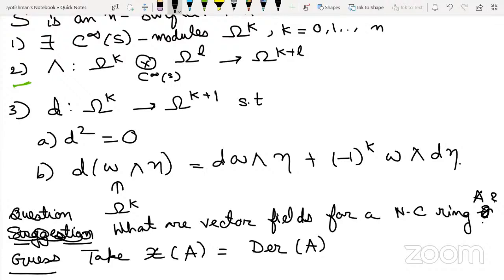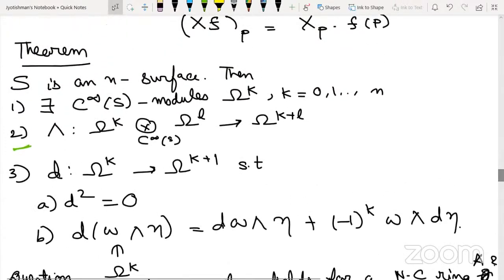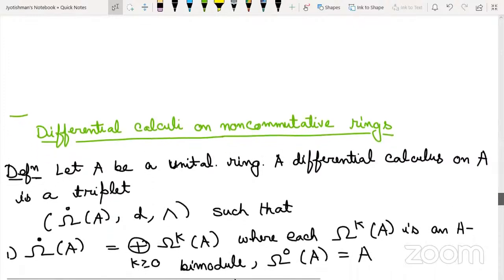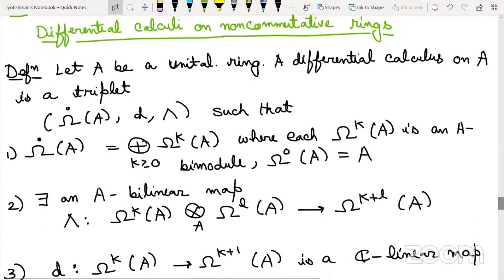However, we will take this theorem as the starting point for the definition of a differential calculus. So in other words, here is the definition.